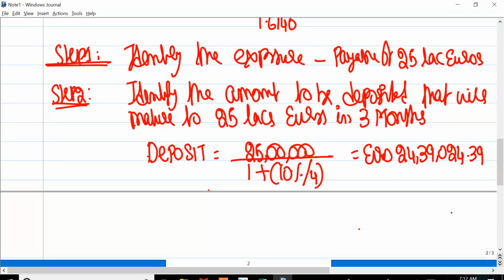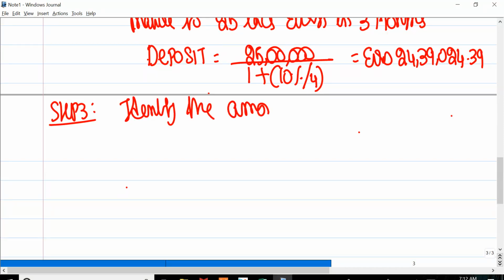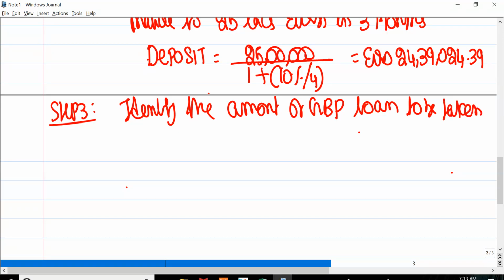Okay, now we have understood that we need to create a deposit. Step 3: identify the amount of GBP loan to be taken to create the above deposit.